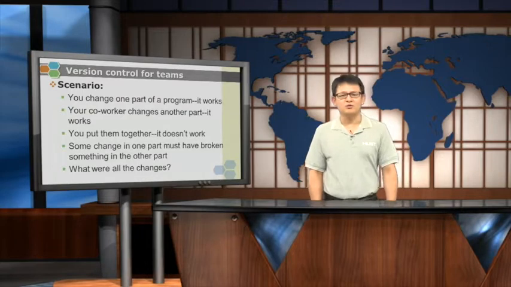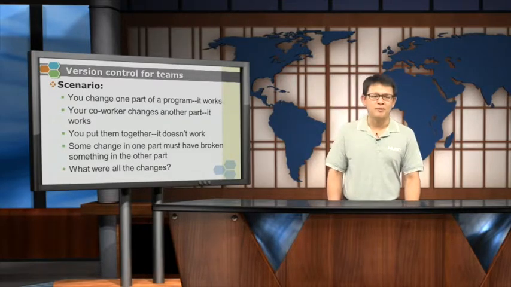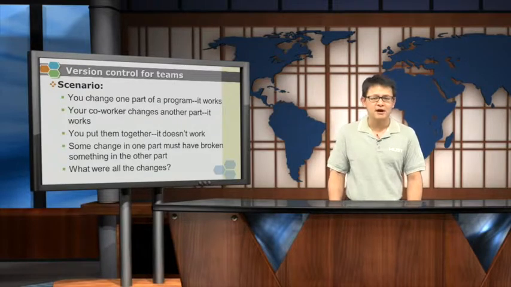The next scenario is a very popular one: you change one part of your program, so it's still working, and your co-worker changes another part, it still works well, but then you put them together and it doesn't work, and you don't know why. You don't know which modification broke your program so that it is not working anymore.